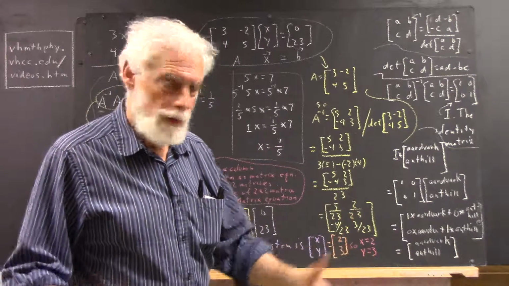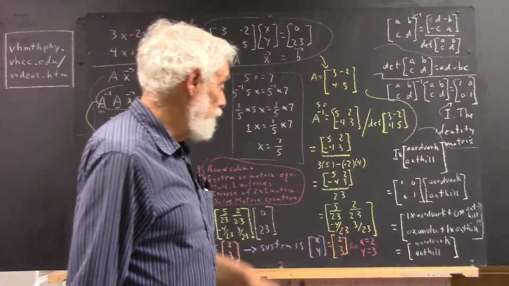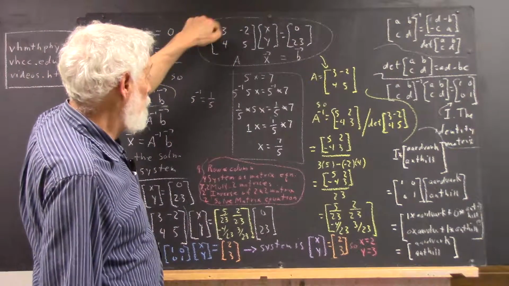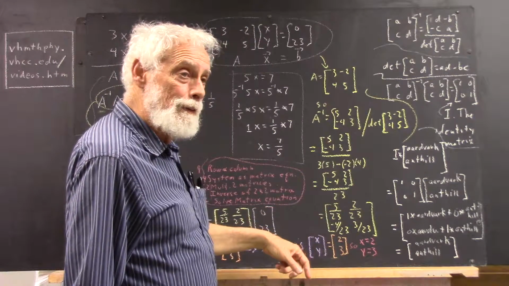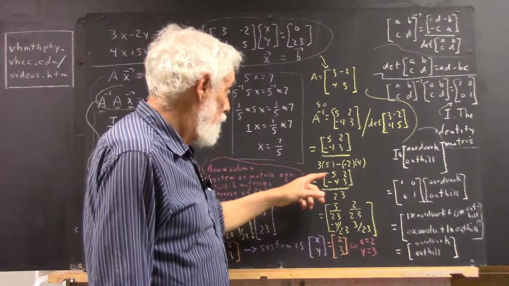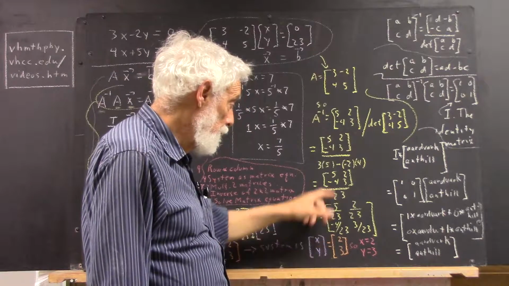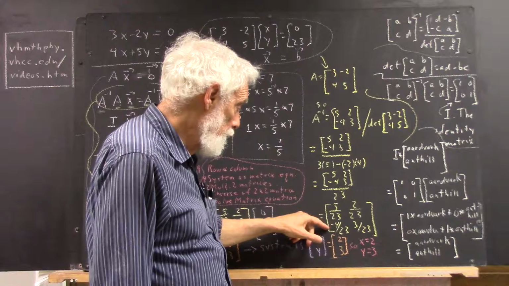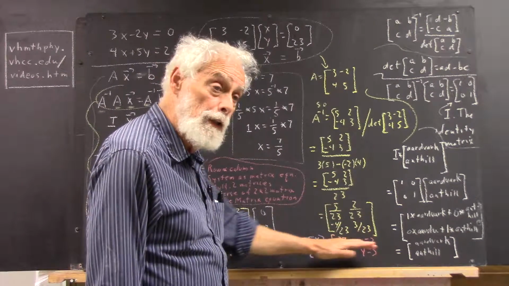Well, I'm not going to explain that to you. I'm just going to say that you can. And what you do is obvious. You can't do the inverse of a matrix by doing the inverse of every element, but you can divide a matrix by dividing every element by that number. Okay? So, when I divide the matrix by 23, I get 5 over 23, 2 over 23, -4 over 23 here, and 3 over 23 here. And there's my inverse matrix.